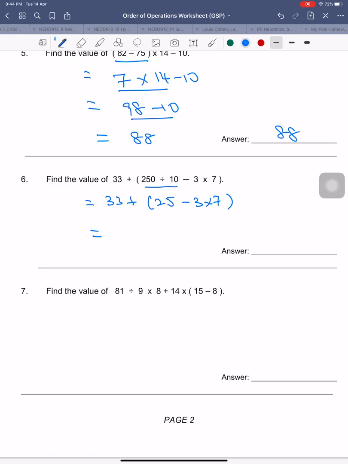Rule number 2 says do multiplication first. So 3 times 7, 21. So work out 25 minus 21, so that is 4. 33 plus 4 is 37.